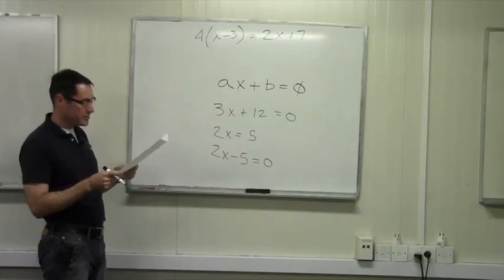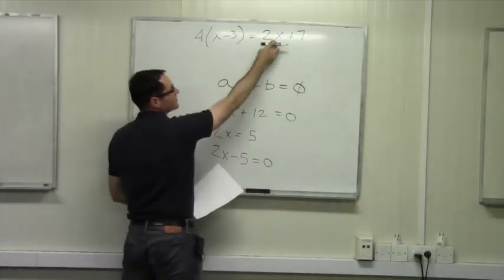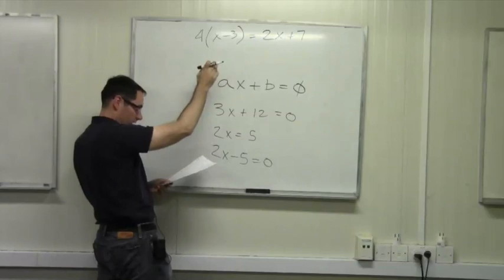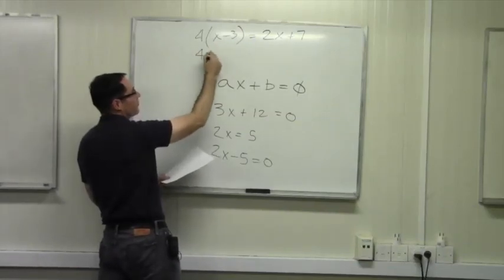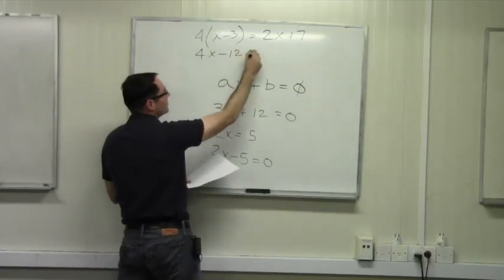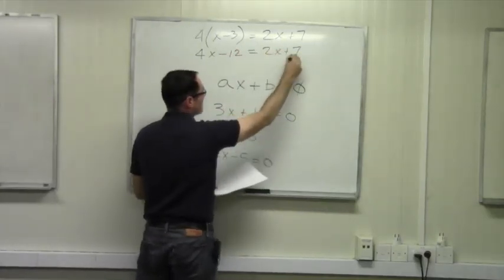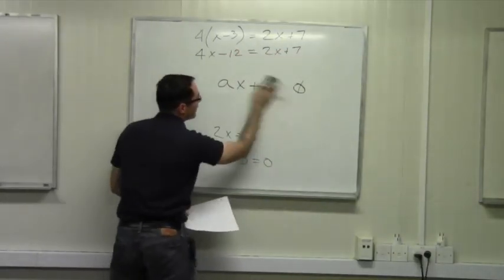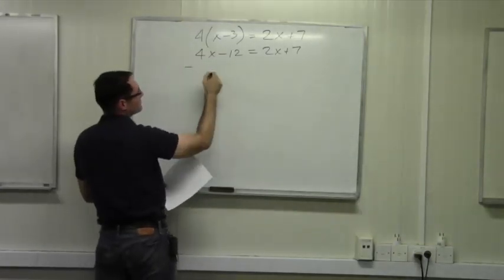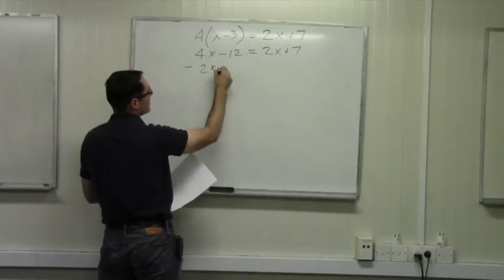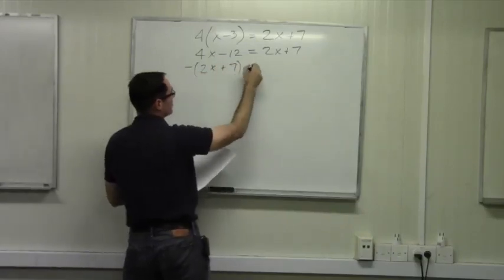One easy way to do this is to say, just subtract this whole thing from this side. Well, first distribute the 4 through. So 4x minus 12 equals 2x plus 7. And then subtract 2x plus 7 from both sides.